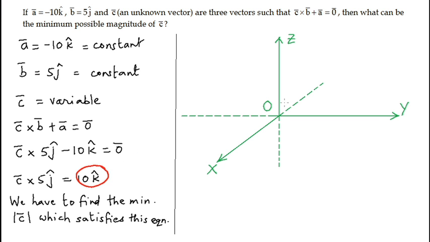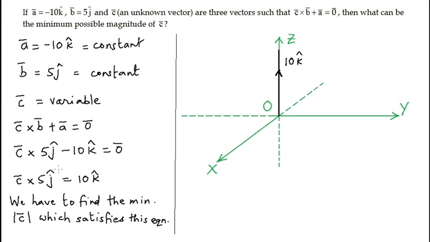Clearly the vector 10k cap points in the positive z direction, and if I show it starting from the origin, which I can of course, the vector 10k cap could be denoted by this directed line segment, and so by the side of it I'll write 10k cap.